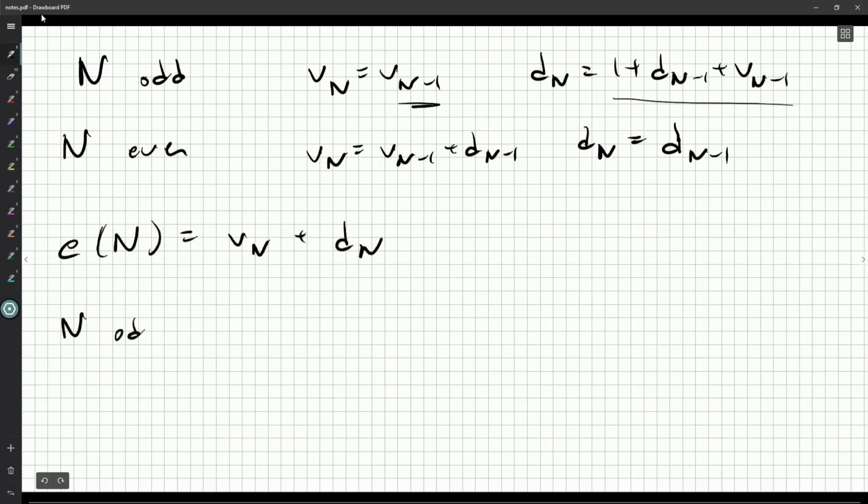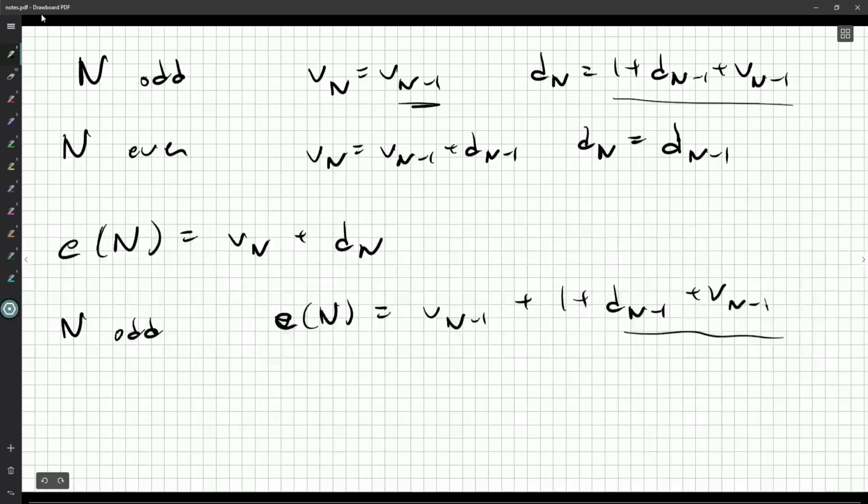If n is odd, the Vn can be written as Vn minus 1. And then we get 1 plus Dn minus 1 plus Vn minus 1, which is En minus 1.